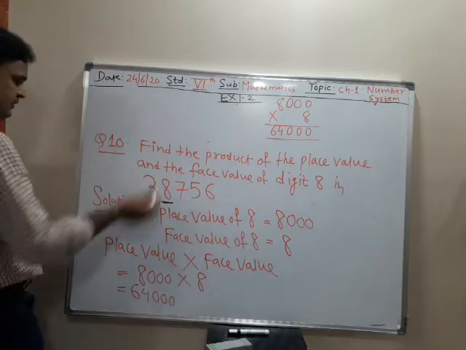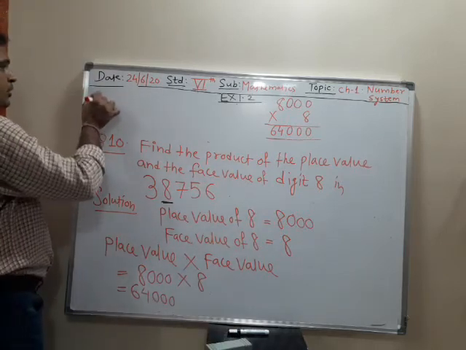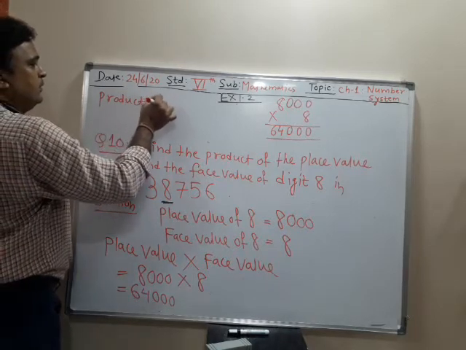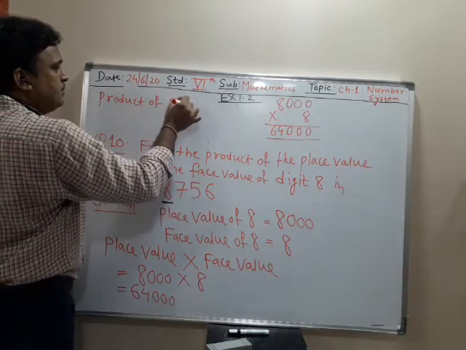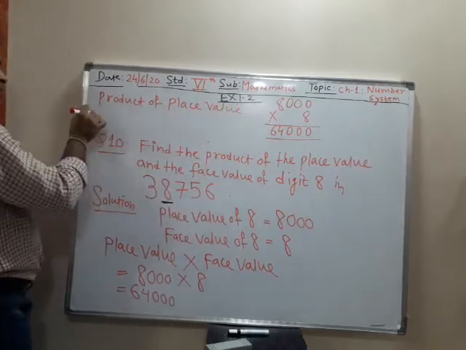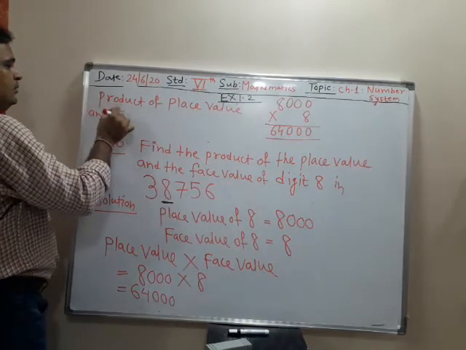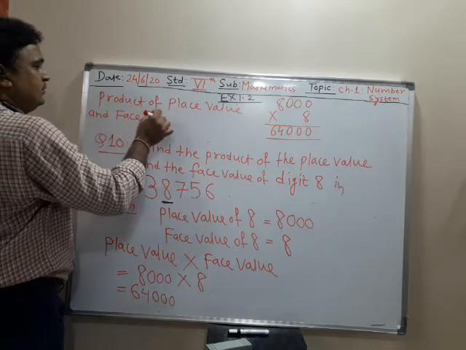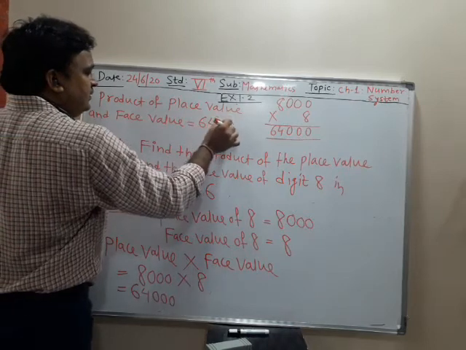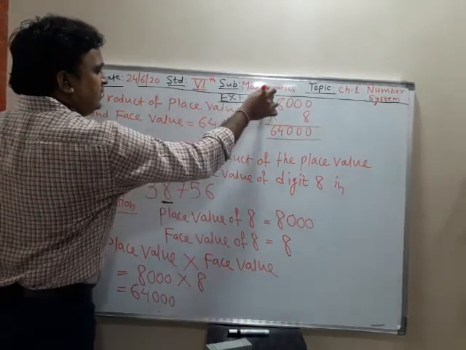After this we write: product of place value and face value is 64,000.